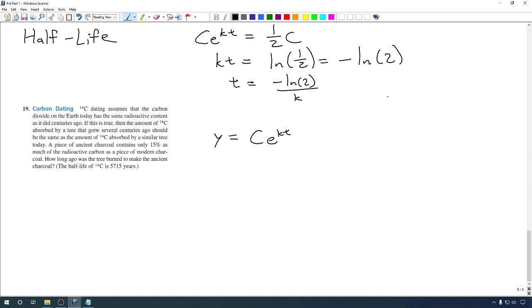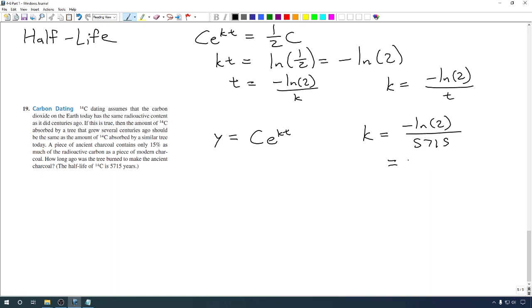Now, in the other form, so instead of solving for t here, we'd solve for k. k is equal to negative ln 2 over t, where t is our half-life. So if t is 5,715, that means our k in this case, we have to divide the natural logarithm of 2 by that amount and put a minus sign.